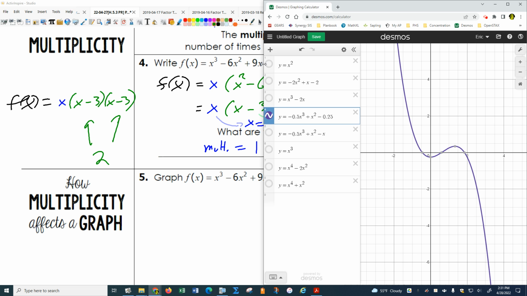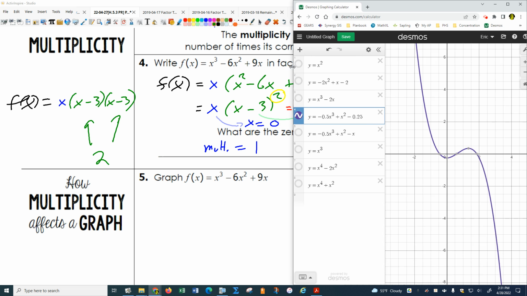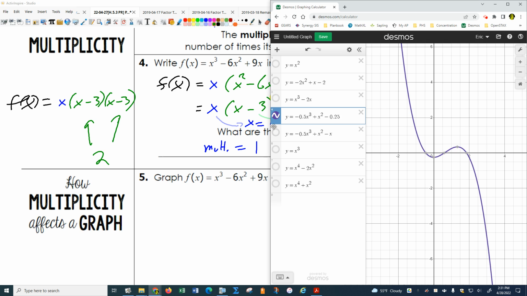Okay, let's see. So there's our function. I'm going to delete all this stuff.